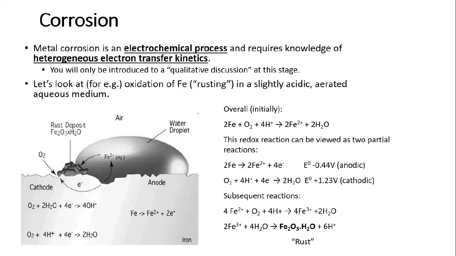Overall, iron 0 is getting oxidized to iron 2+. This is oxidation. Whereas oxygen is moving from oxygen 0 to oxide. This is reduction. So we have redox. That's why corrosion is a redox process.